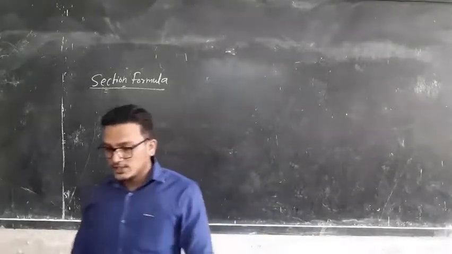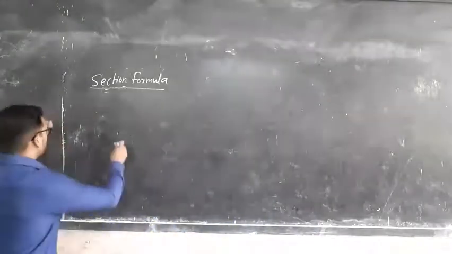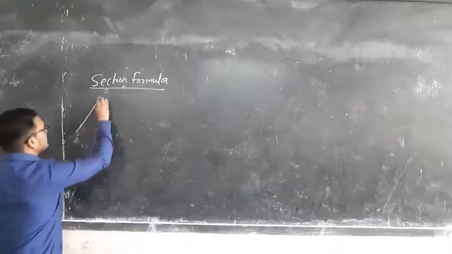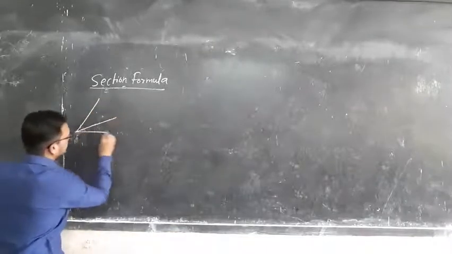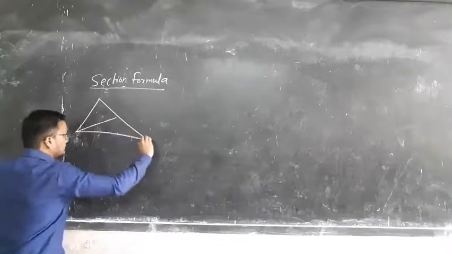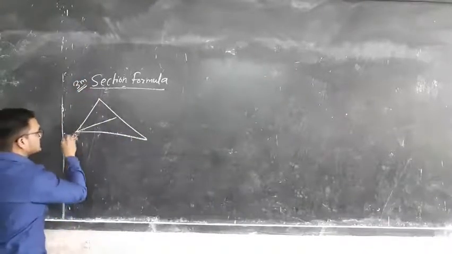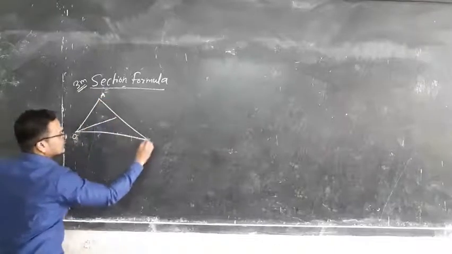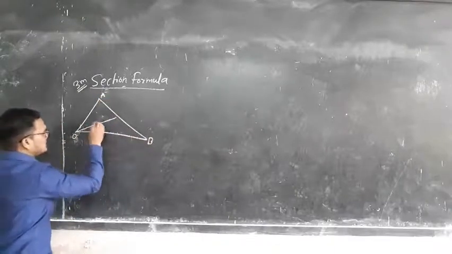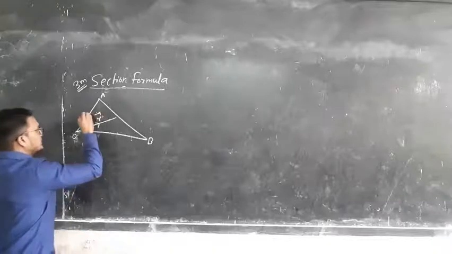So for that, first you need to draw the diagram. So just see, I will derive this here. This derivation is important for 3 marks. This is not as difficult as you think.